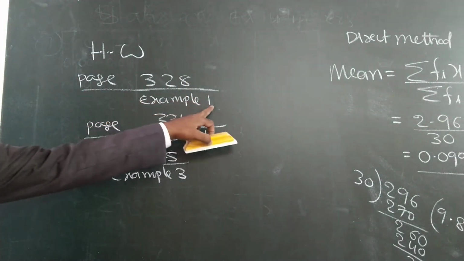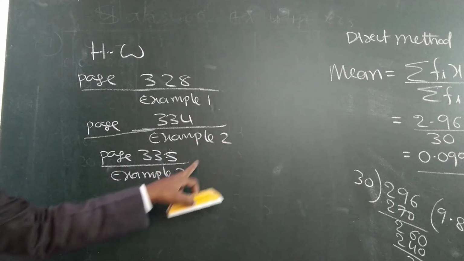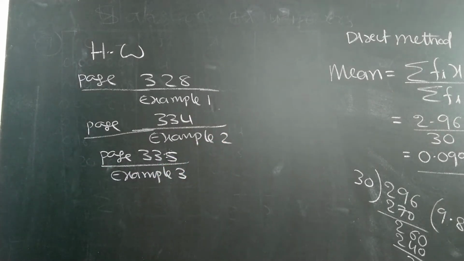Homework: example 1, example 2, example 3, and tomorrow you tell me how many of you have completed. You tell your name and branch name.